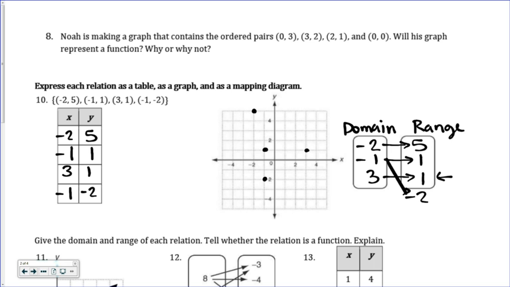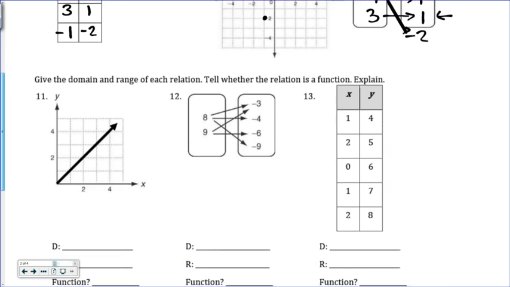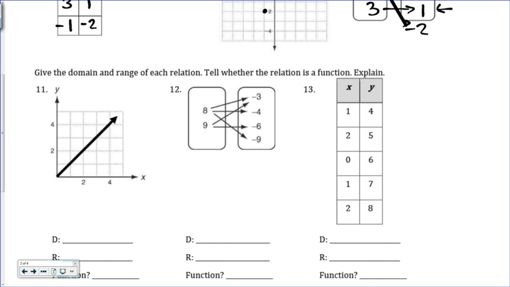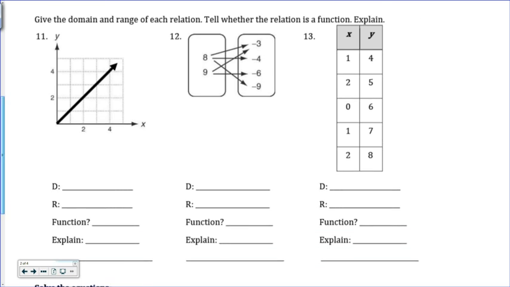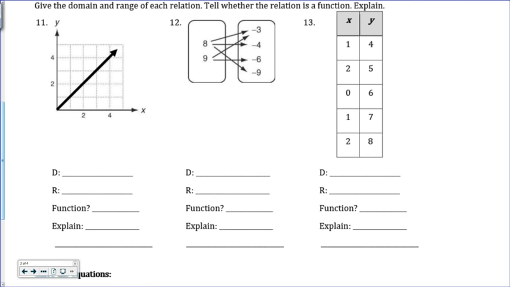Okay, let's look at number 11. Give the domain and range of each relation. Tell whether the relation is a function and explain. So looking at that graph, you're having to decide what are your domain values. So what are all of your input values, or everything that we have on our x?